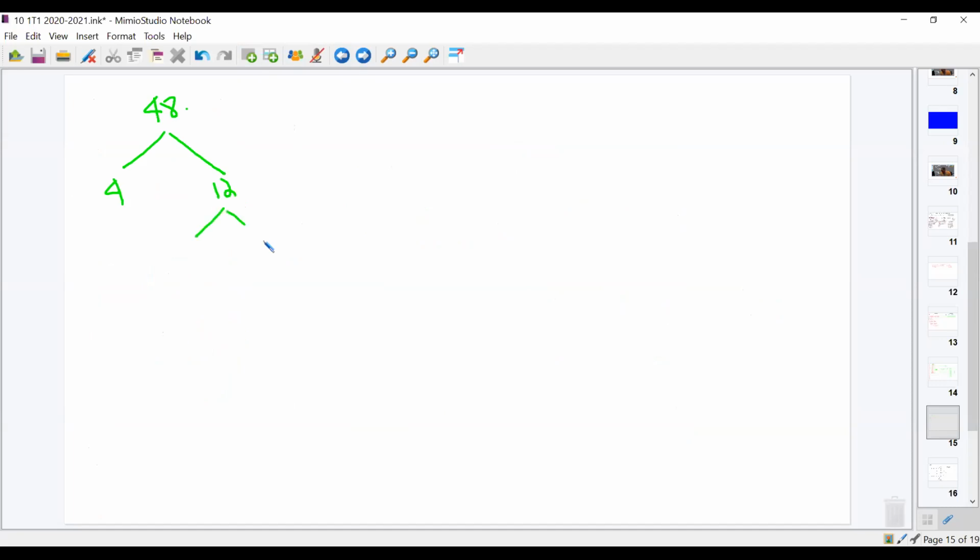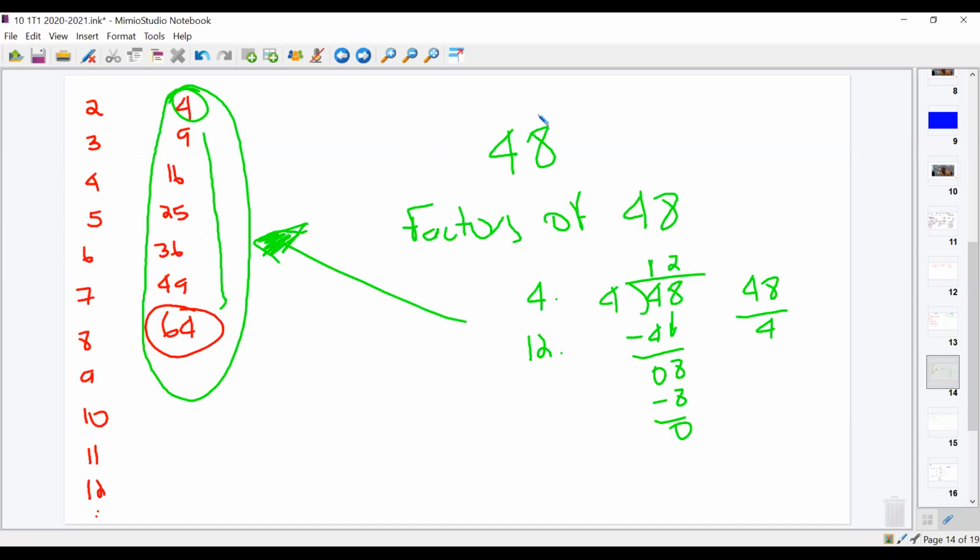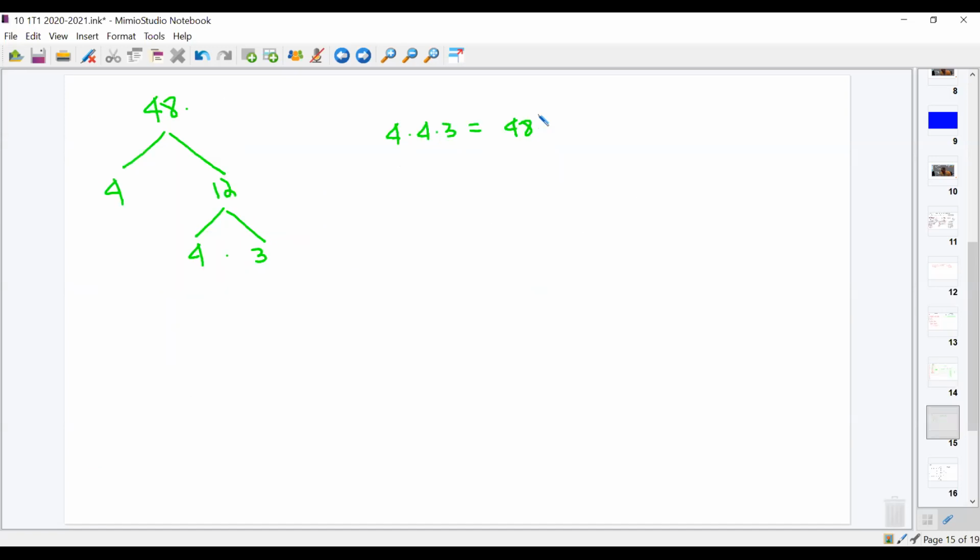And what are the factors of 12, Leah? 2 and 6. 4 and 3. But wait, we cannot use 2 and 6. It needs to be in order, from less to greater, and from this list. Okay, so 4 and 3.